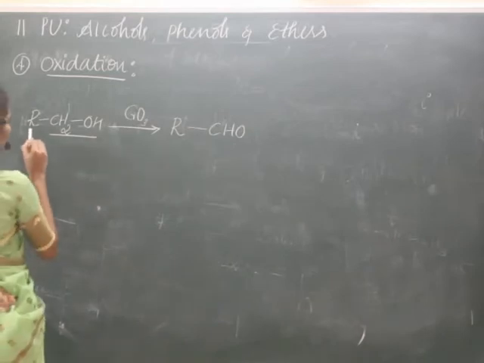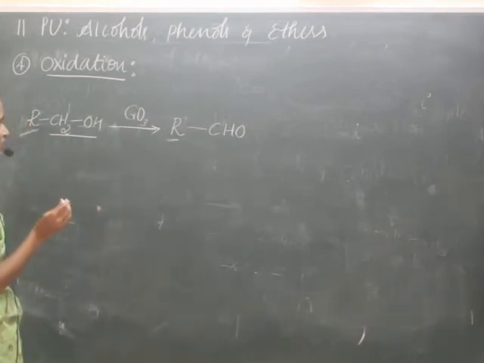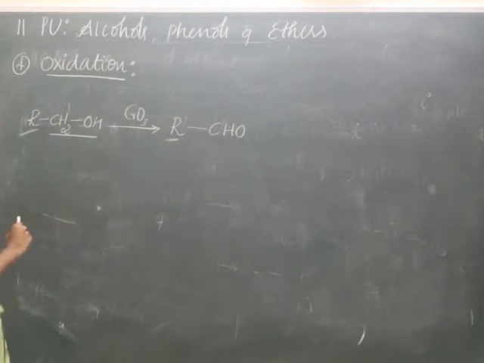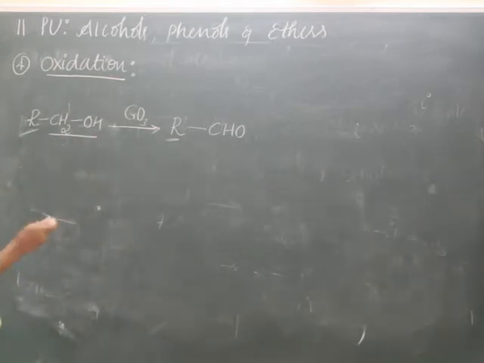Don't get confused. Here one R is there. Just write R group. And oxidation means a removal of hydrogen, right? 2 hydrogens get removed. Total 3 hydrogens are there, 2 hydrogens will be removed.